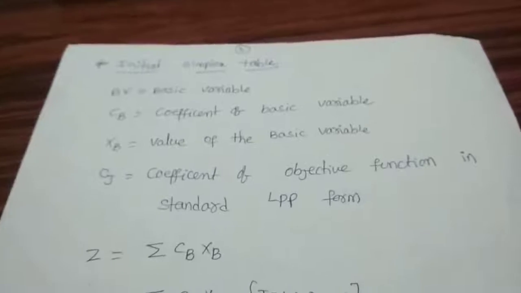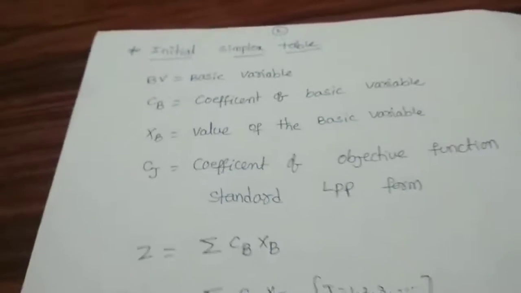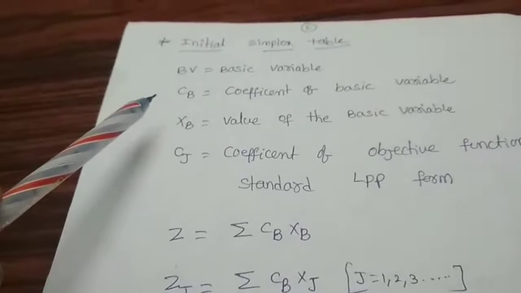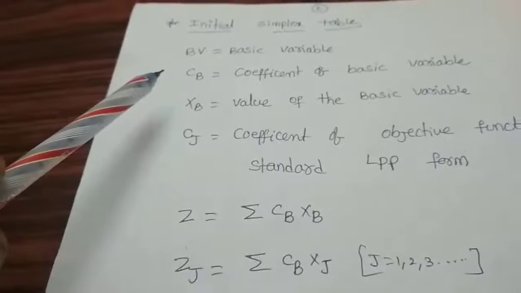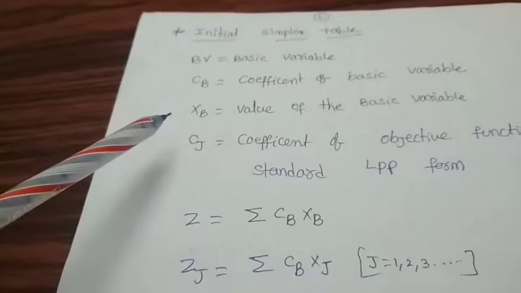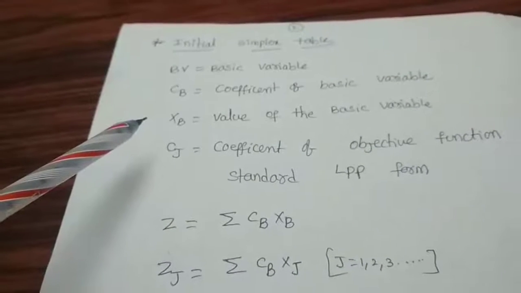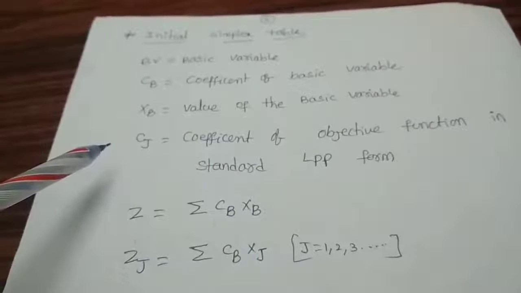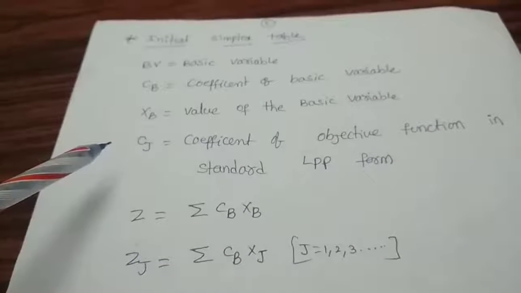Now I will explain the columns we have in the initial simplex table. BV equal to basic variable, CB equal to coefficient of basic variable, XB equal to value of the basic variable, that is the right hand side values, Cj equal to coefficient of the objective function in standard LPP form.